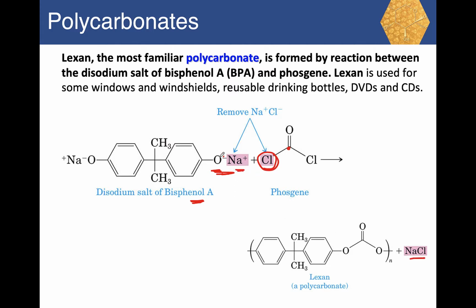And as you can imagine, this reacts right here to give us this ester type. But we have another oxygen here that can react with another molecule, making this leave. So instead of having just an ester here, we have a new functional group called a carbonate.